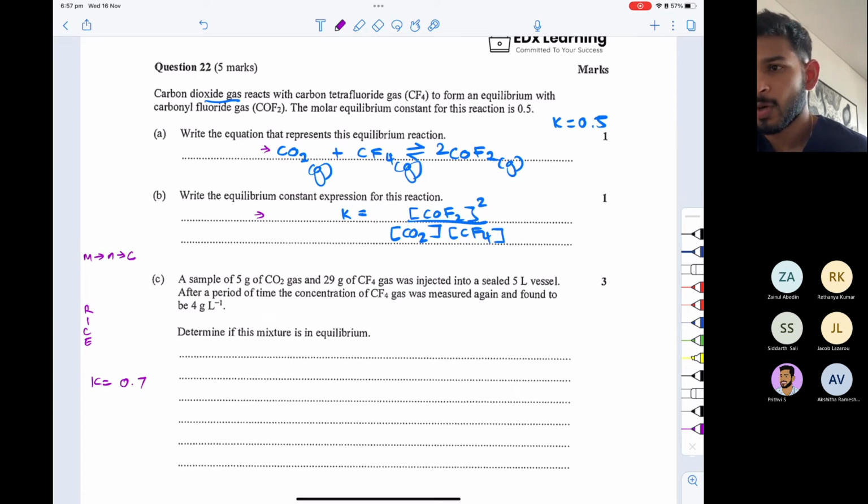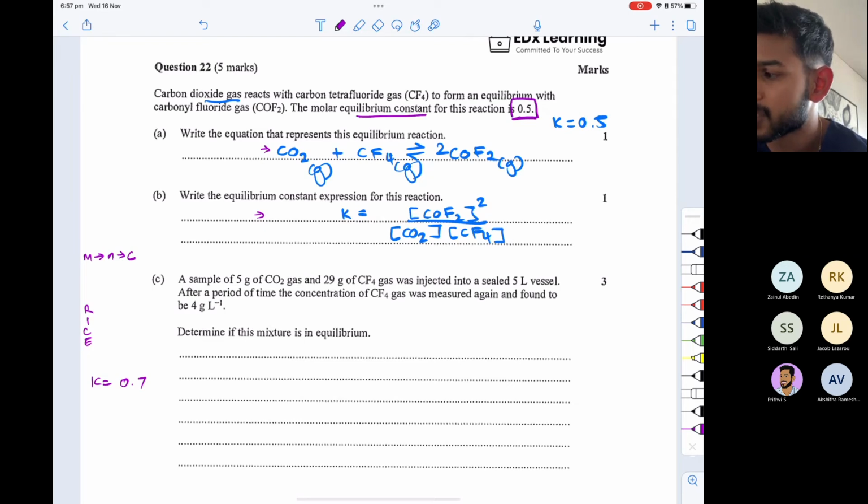So, you know, the whole point about temperature being the only factor to affect K, the reciprocal or inverse is also true. There is only one K value that a system can have at a particular temperature. So in this specific equilibrium, where we've got CO2 plus CF4 gives you COF2, I haven't told you the temperature, but whatever temperature this system is, they've told you that the K constant is 0.5.